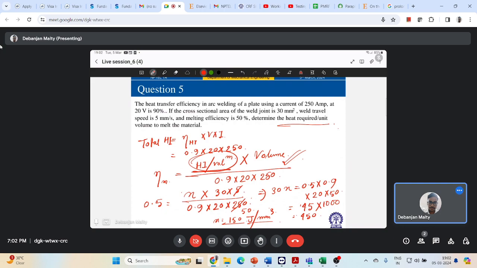directly proportional to the melting rate, right? So if you are increasing your current, your melting rate is directly proportional to your energy actually. So part of this energy is used to melt the base metal. Some part gets lost in terms of convection and radiation, and some part goes to melt your electrode and flux and those stuffs, right?